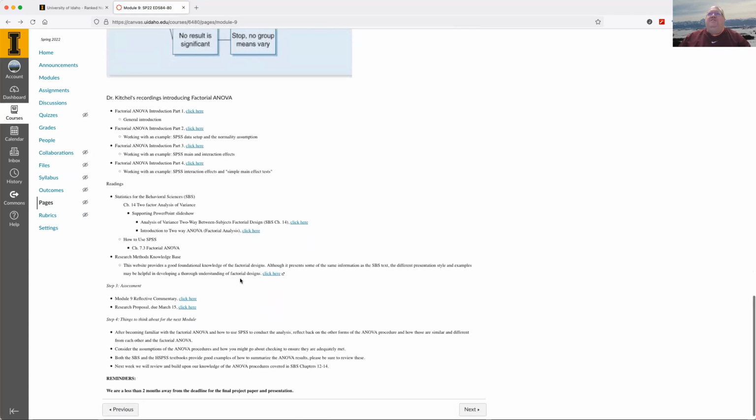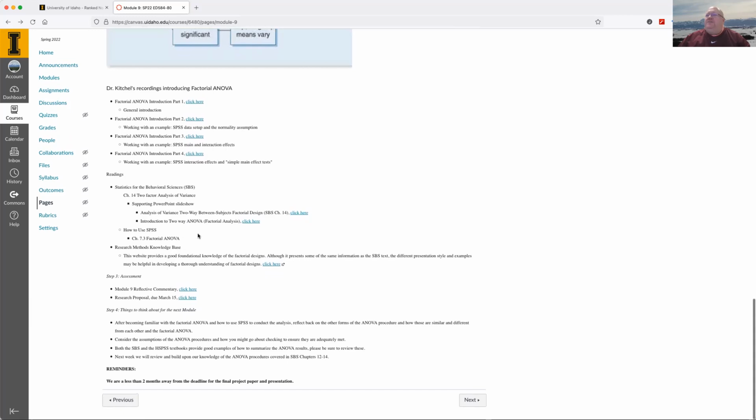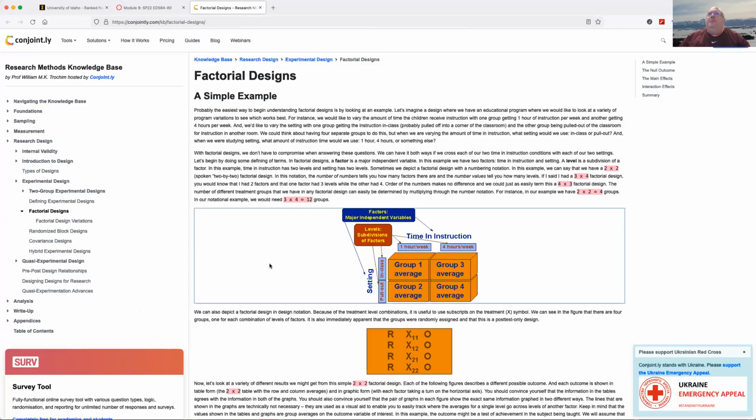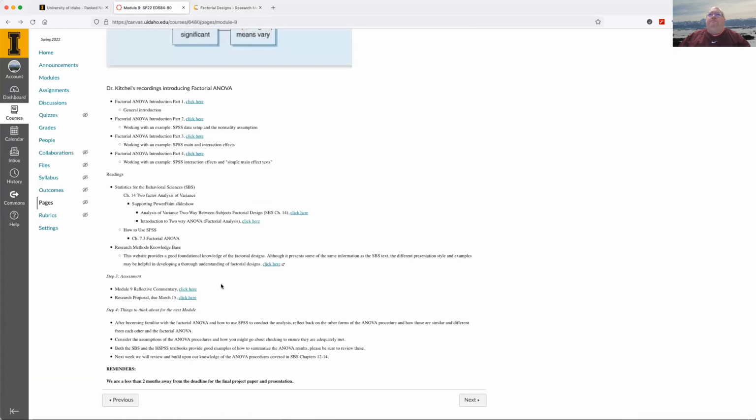And the complexity of this analysis of these statistics increases compared to what we've done in the past. Then in How to Use SPSS, it's chapter 7, section 3 in the book. Then as another resource, we have a website which will help to provide a good foundational knowledge of the factorial design. You just click on it. And again, another resource.